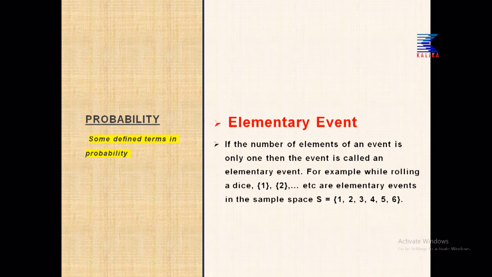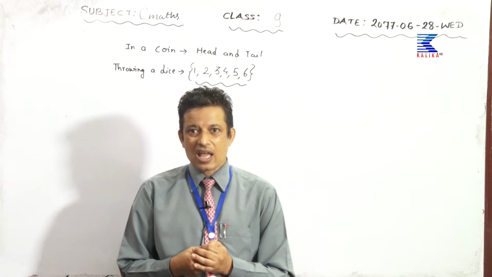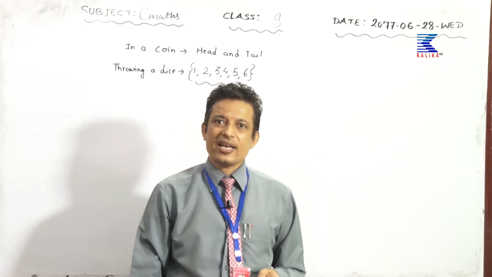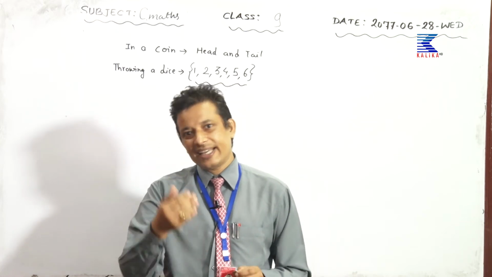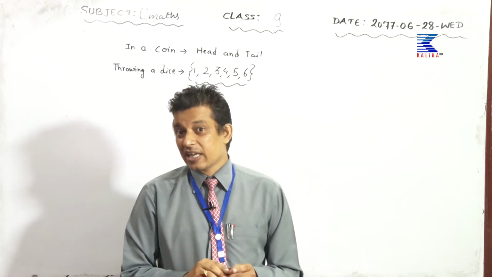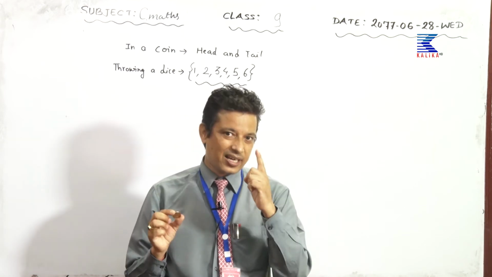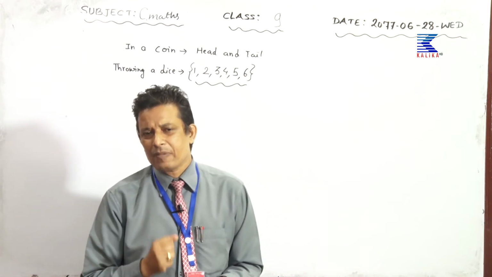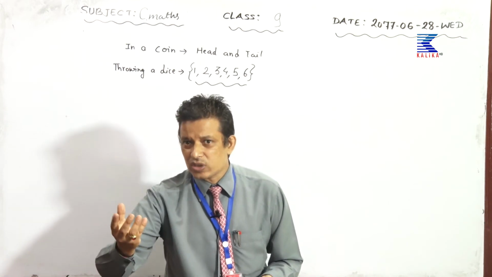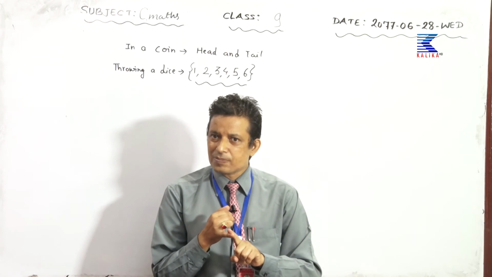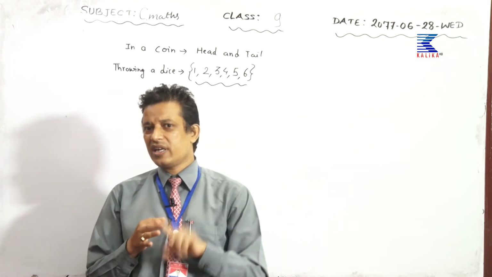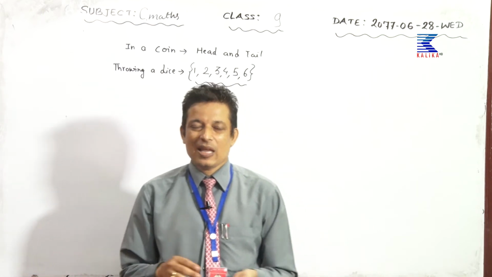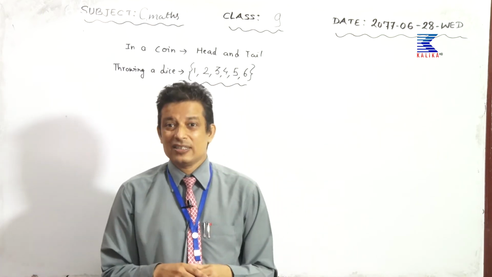Now, let me clarify this please. Okay, dear student, this is a coin. When I toss a coin, either head occurs or tail occurs. How many heads are there? Single head. How many tails are there? Single tail. Similarly, if you roll a dice, dear student, either 1 occurs at the top surface or 2 or 3 or 4 or 5 or 6. 7 impossible, 0 impossible.